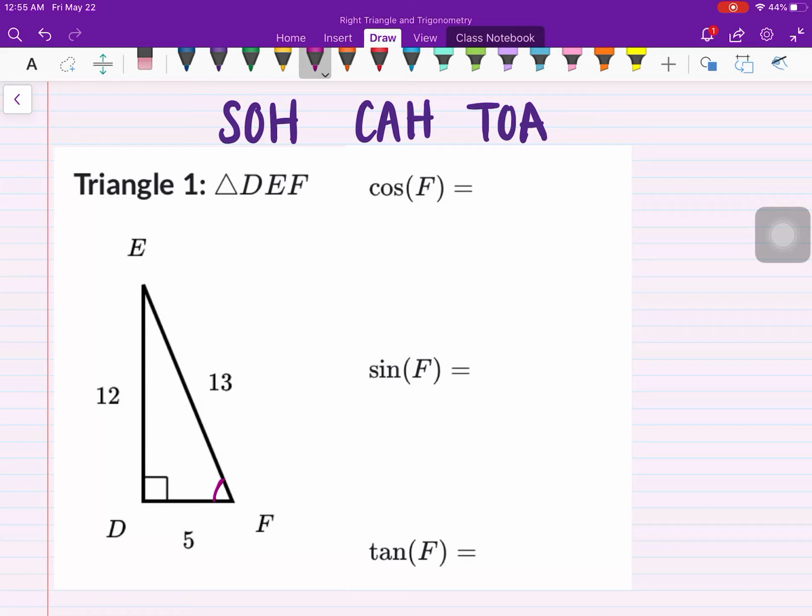The first thing we want to identify is what's our opposite, adjacent, and hypotenuse as our sides. Now, the given one is obviously the hypotenuse, so the side that is opposite to the 90-degree angle is our hypotenuse. Let's show that. The side opposite to it would be the hypotenuse.